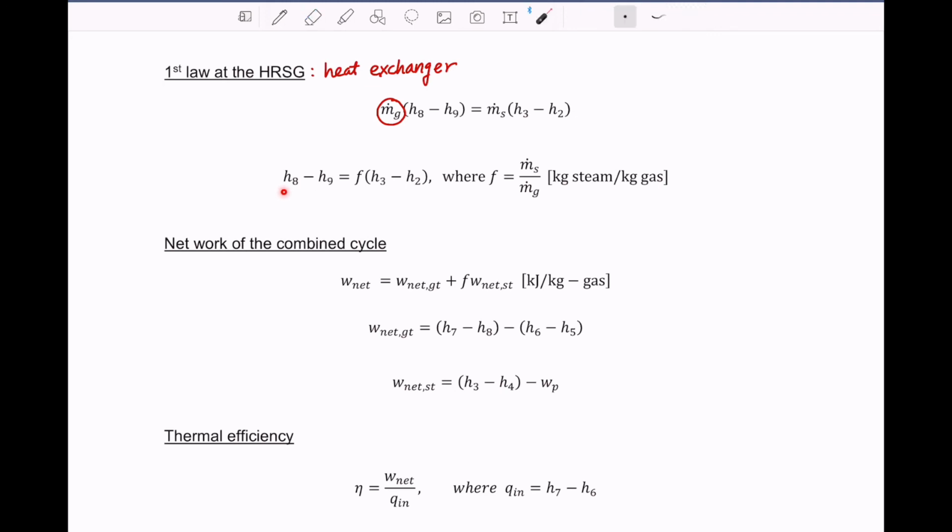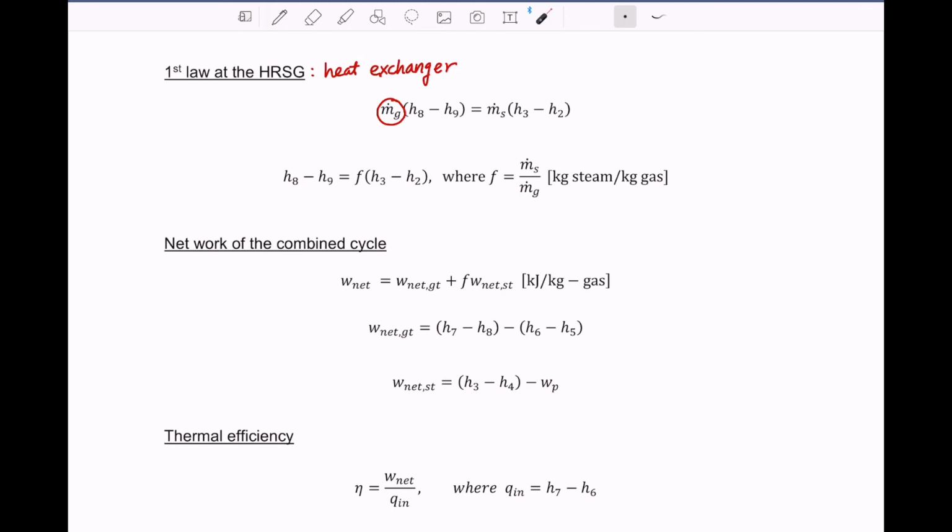So H8 minus H9 is equal to F, that is a fraction or ratio, times H3 minus H2, where F, the ratio, is defined as the steam mass flow rate that is generated per unit mass of gas, which is m dot g. Okay? So F tells us how much steam can be generated per unit mass of gas in the gas turbine side.